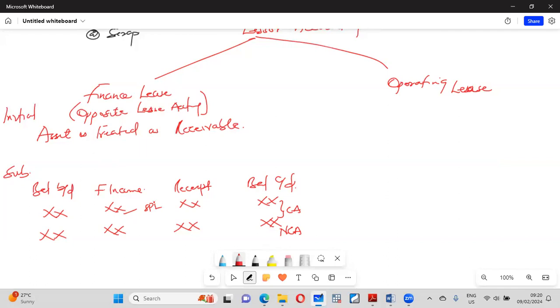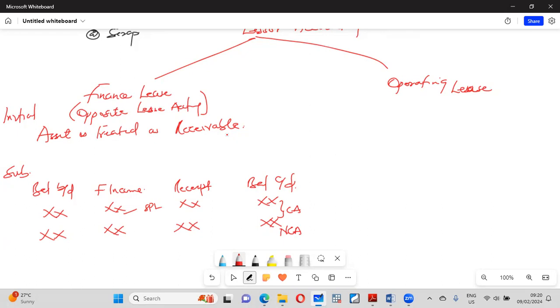At the inception, you do the present value, like the way we've been doing for the initial measurement. But when you get the final figure, the value you get is not a lease payable. It is a lease receivable. So you record it as a receivable.